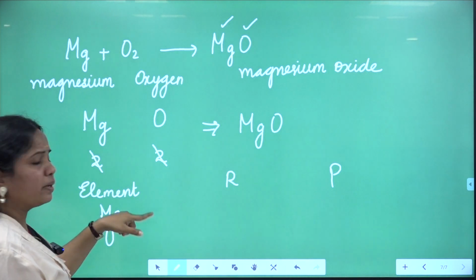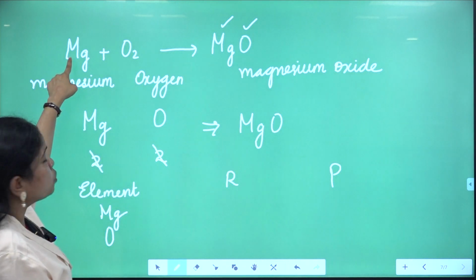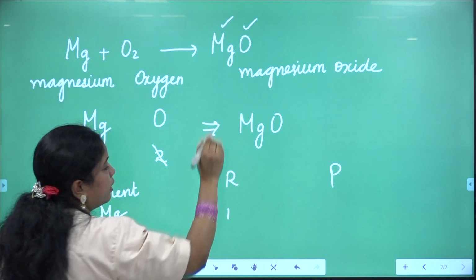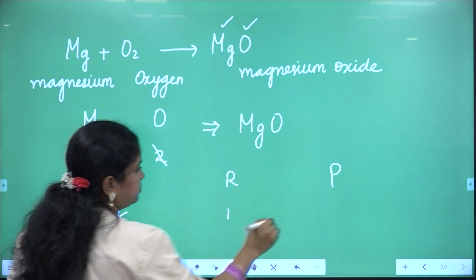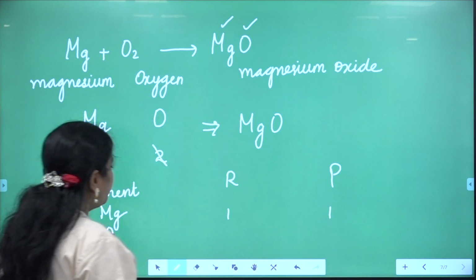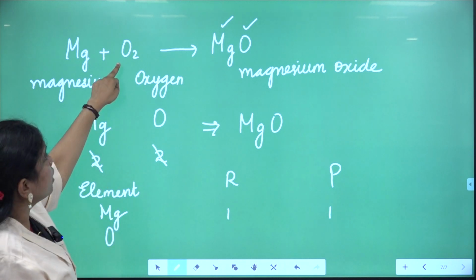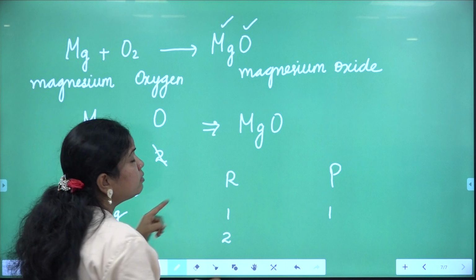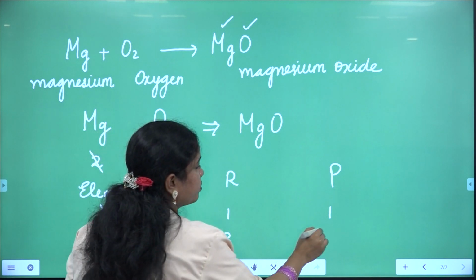It is only 1 Mg, and in the product side also it is only 1. What about oxygen? In the reactant side it is 2. In the product side it is only 1.